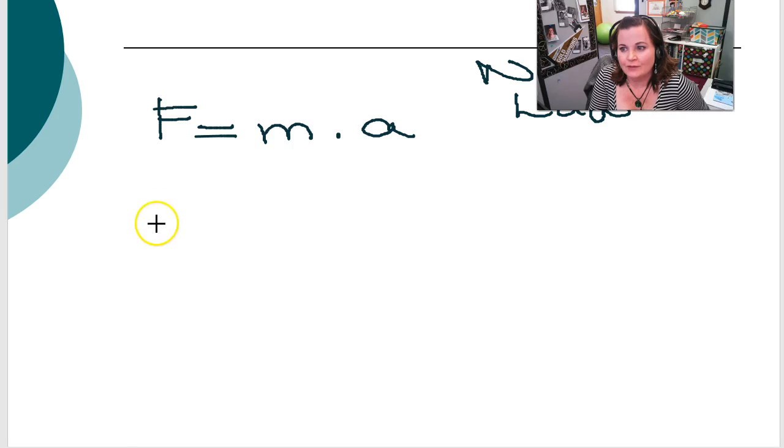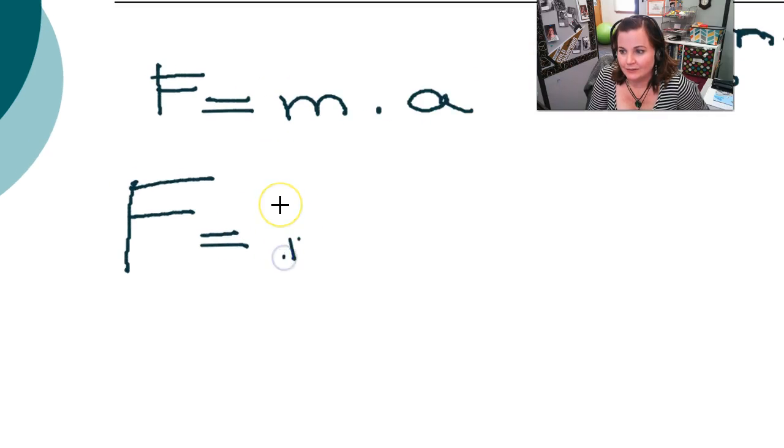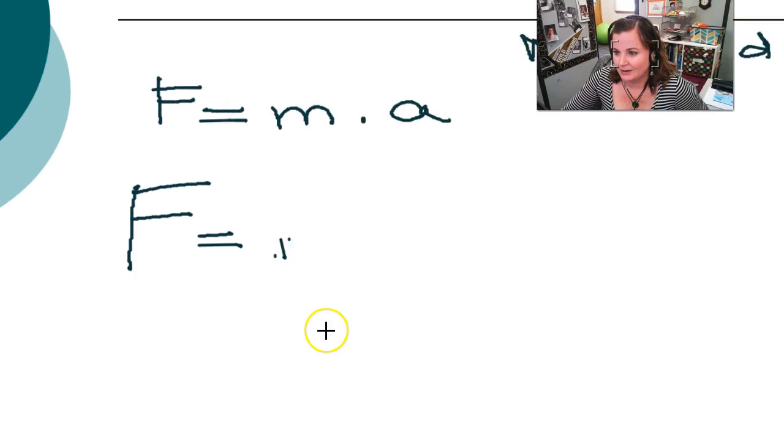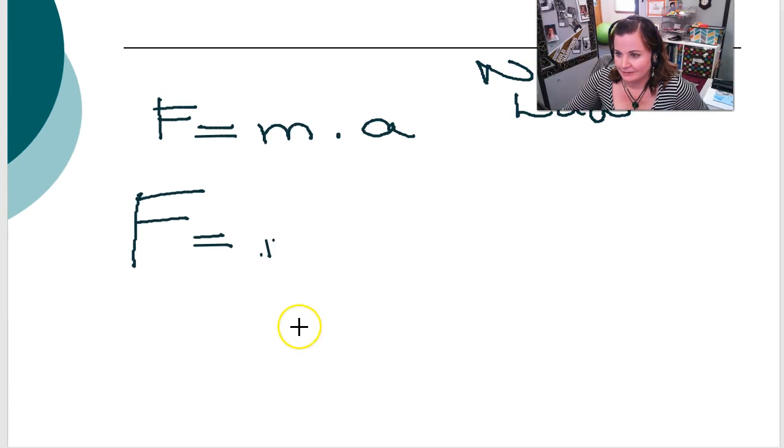In other words, if I have a very big force, I'm going to make a big F, and I leave my mass the same, then I'm going to have a pretty big acceleration.